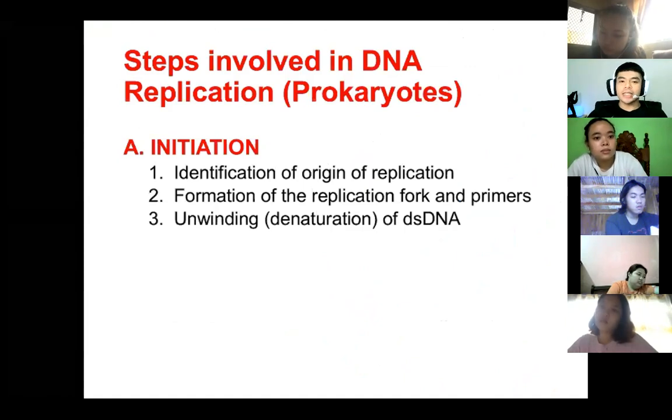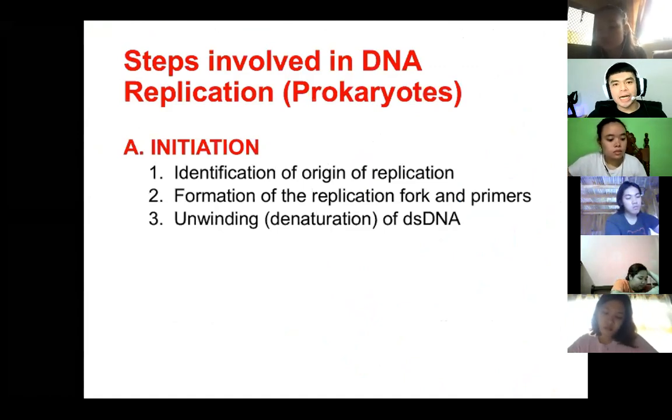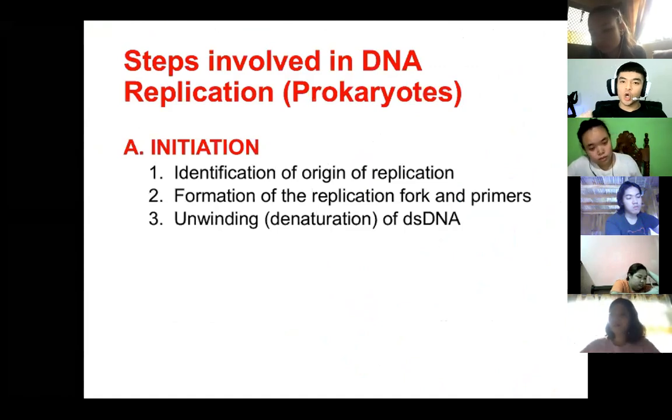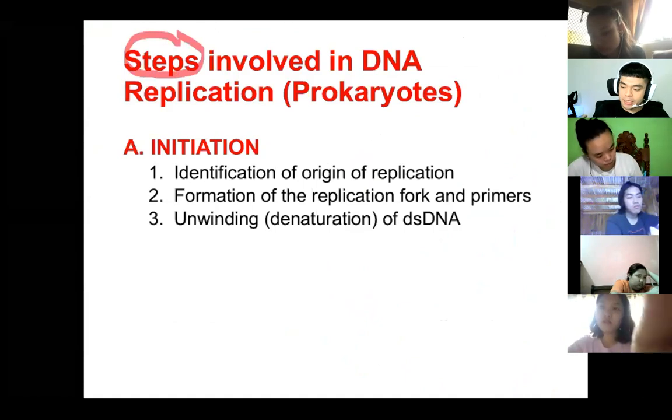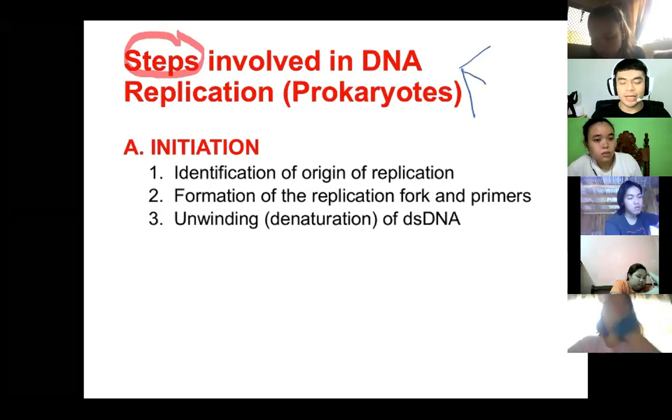So yan ang DNA replication. Right now, the question is, ano yung mga specific steps involved para mangyari ang production ng complementary DNA. Let us now proceed to the different steps involved in DNA replication process. In summary, we have 3 major steps.